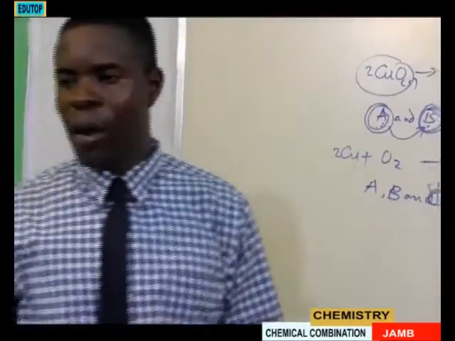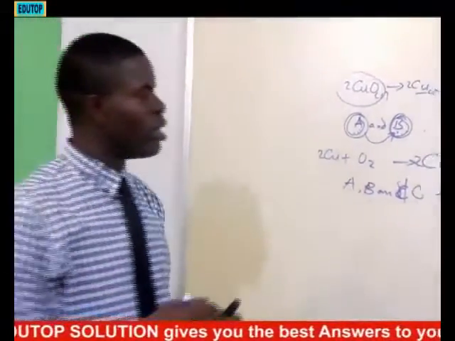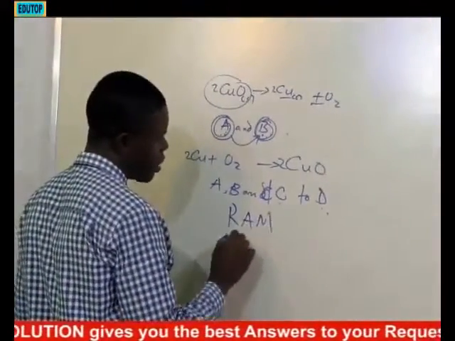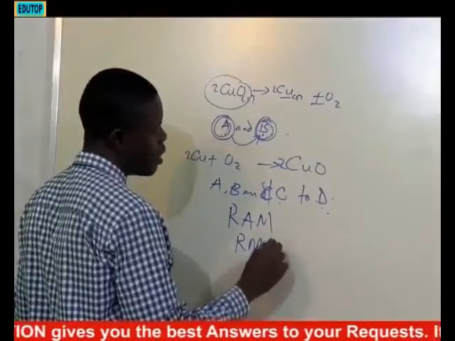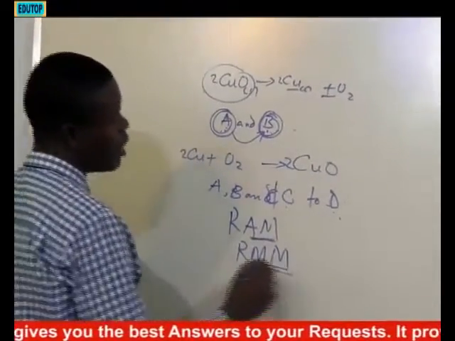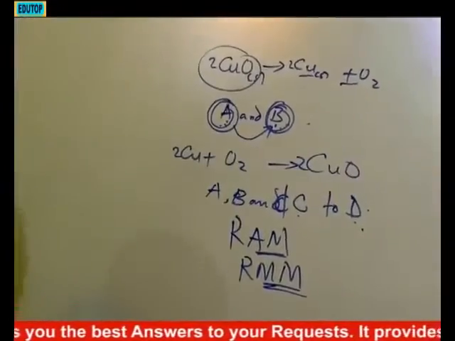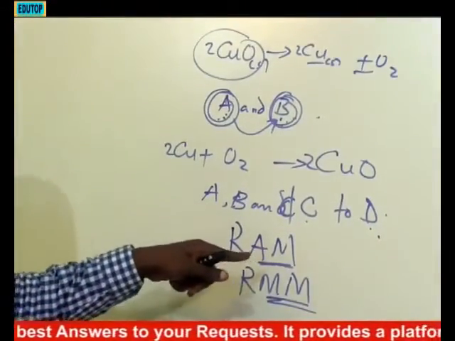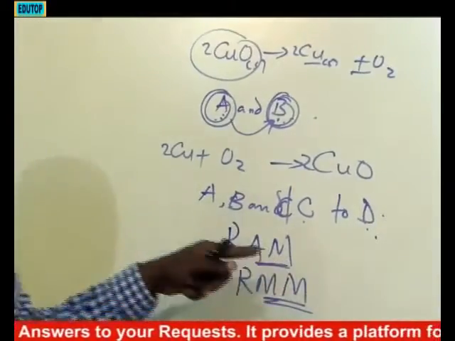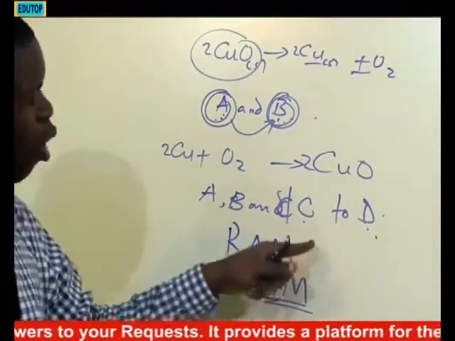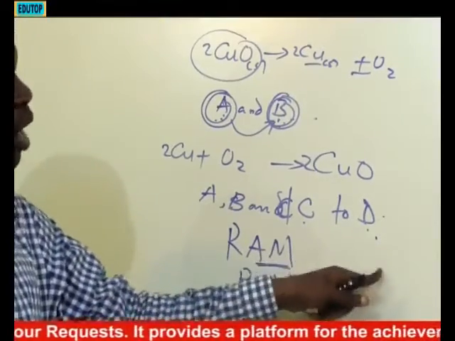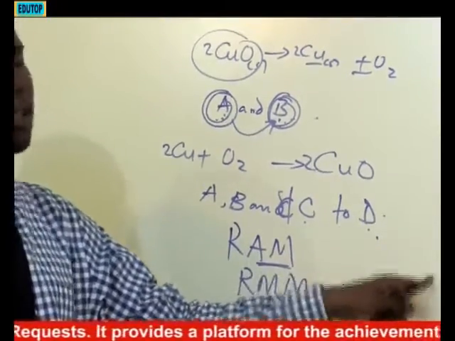Then let's talk about relative atomic mass, the one they call RAM, and RMM. This one is relative atomic mass, this one is relative molecular mass. What is relative atomic mass? The relative atomic mass is the number of times the average mass of one atom of an element is heavier than 1/12 the mass of one atom of carbon-12.